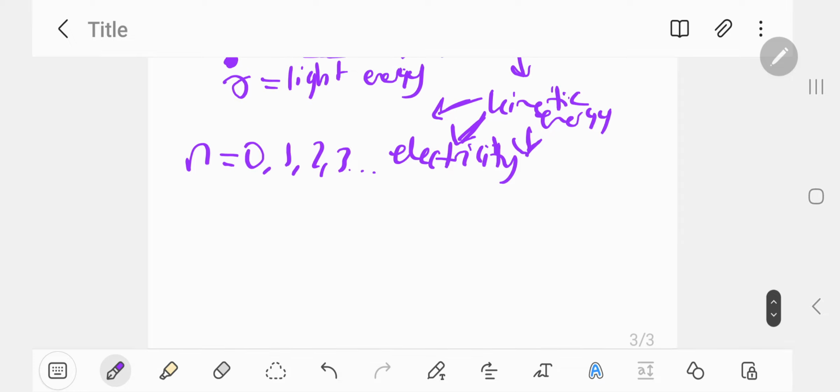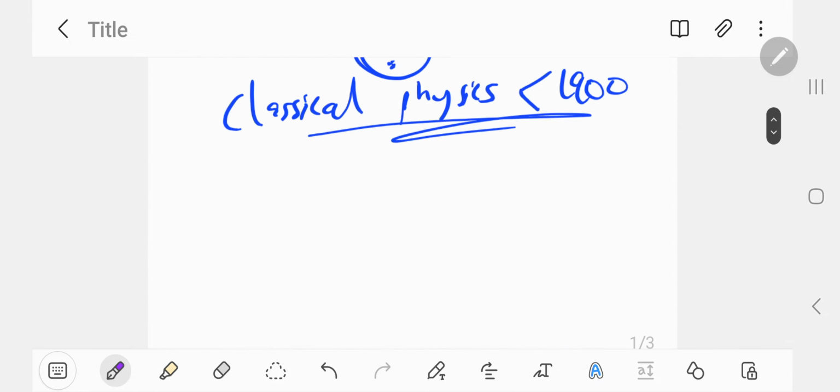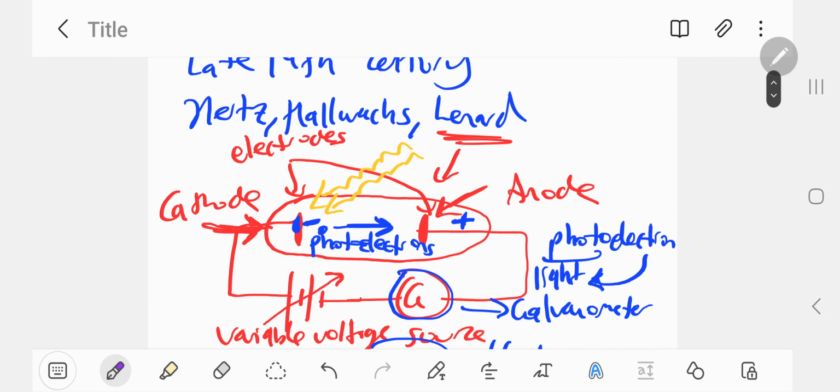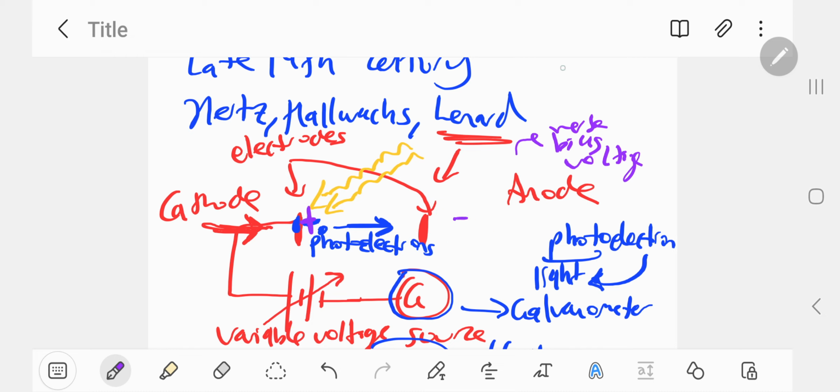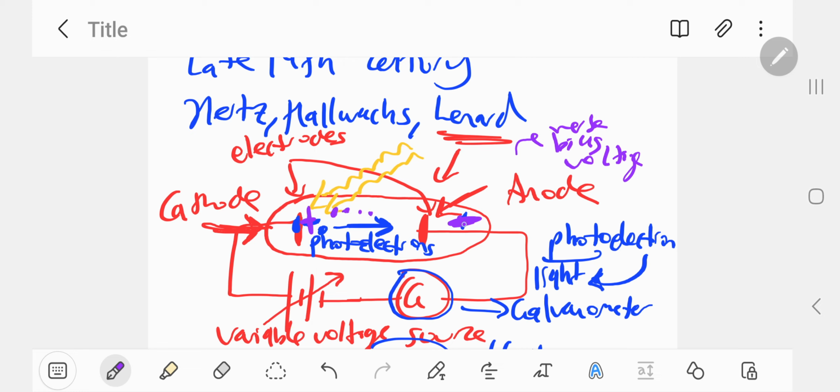Now, interestingly, if you were to go back to Lenard's setup and apply a reverse bias voltage, which means switching the charge of the plates from minus to plus here, and plus to minus, electrons emitted from this positive plate will no longer be able to reach the negative plate because like charges repel.